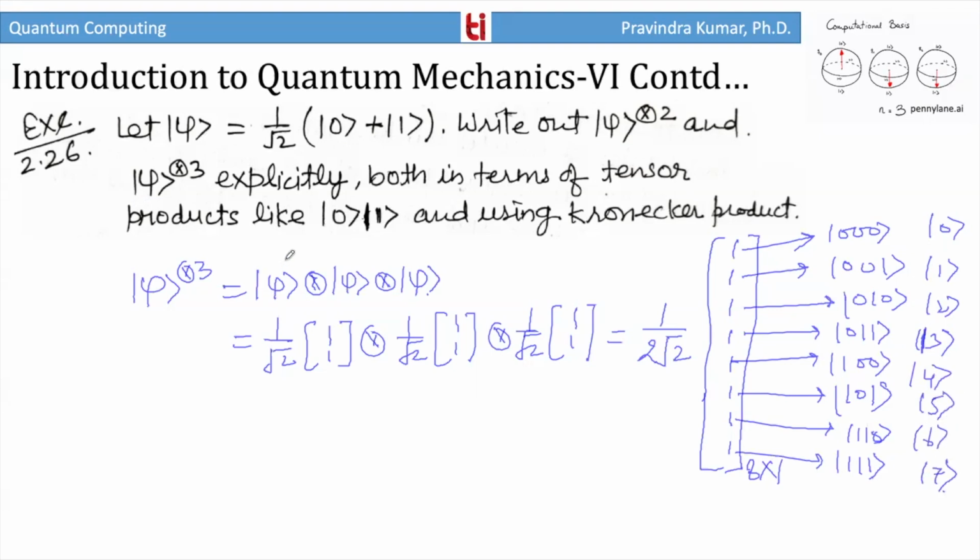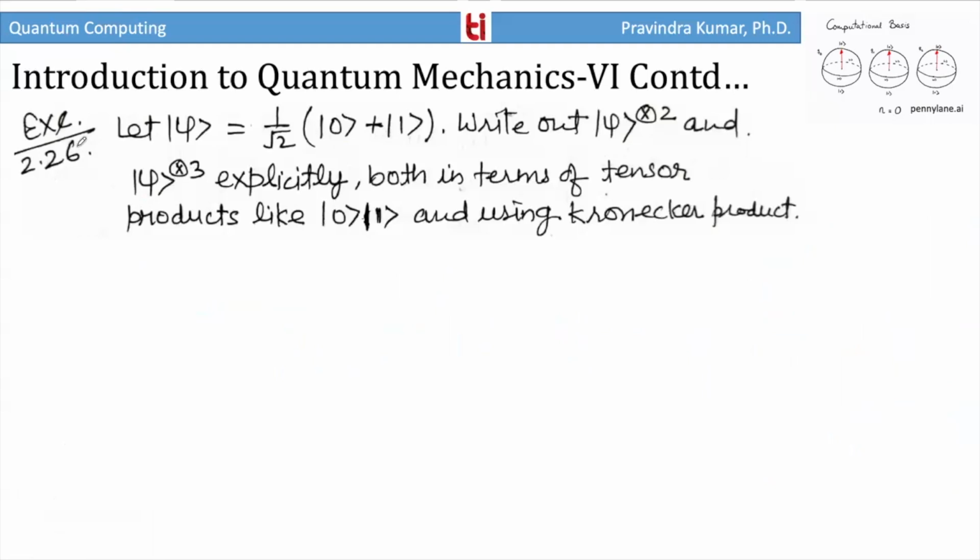So we can see psi is having two quantum bases, ket 0 and ket 1, but the tensor product of it with itself three times will give you the eight quantum bases. And this was the example from the textbook Nielsen and Chuang.